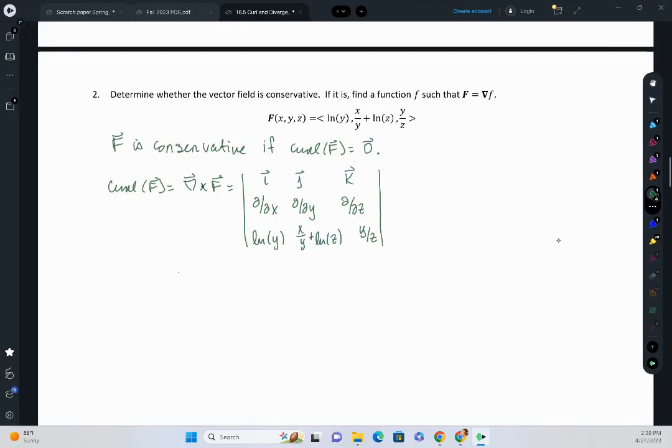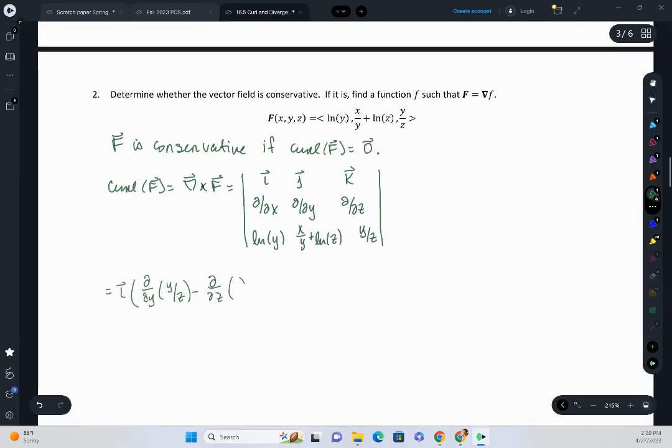Okay? All right, so I'm going to go ahead and give myself more space. We have our i component, and we're looking at del y of y over z minus del z of x over y plus ln of z. And close that. Minus j hat.